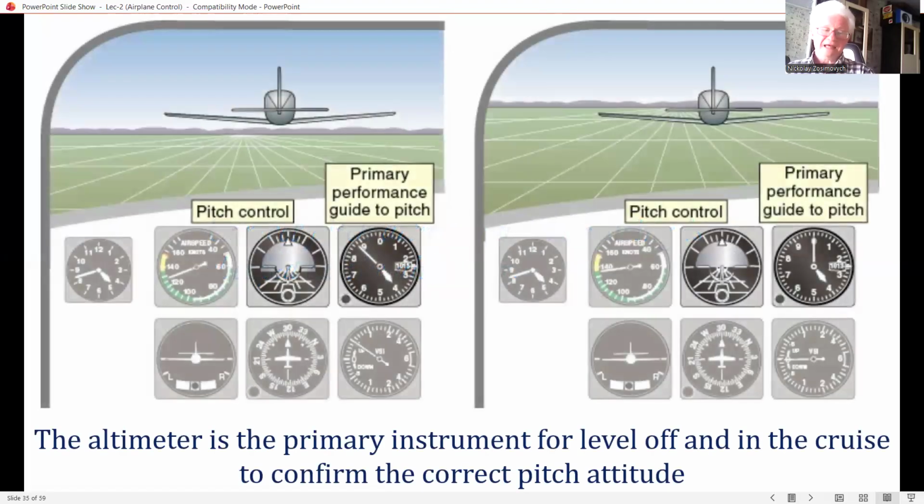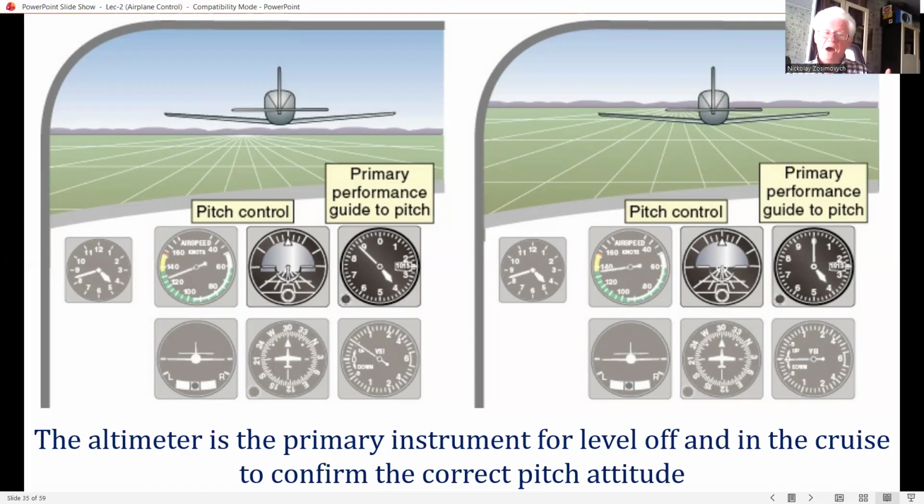When cruising, the altimeter is the instrument that determines if pitch attitude changes on the AI are required to maintain level flight, and the altimeter is the primary performance guide for pitch attitude. Any minor deviation from altitude detected on the altimeter can be corrected with small changes in pitch attitude. It is supported by the AI and the VSI.